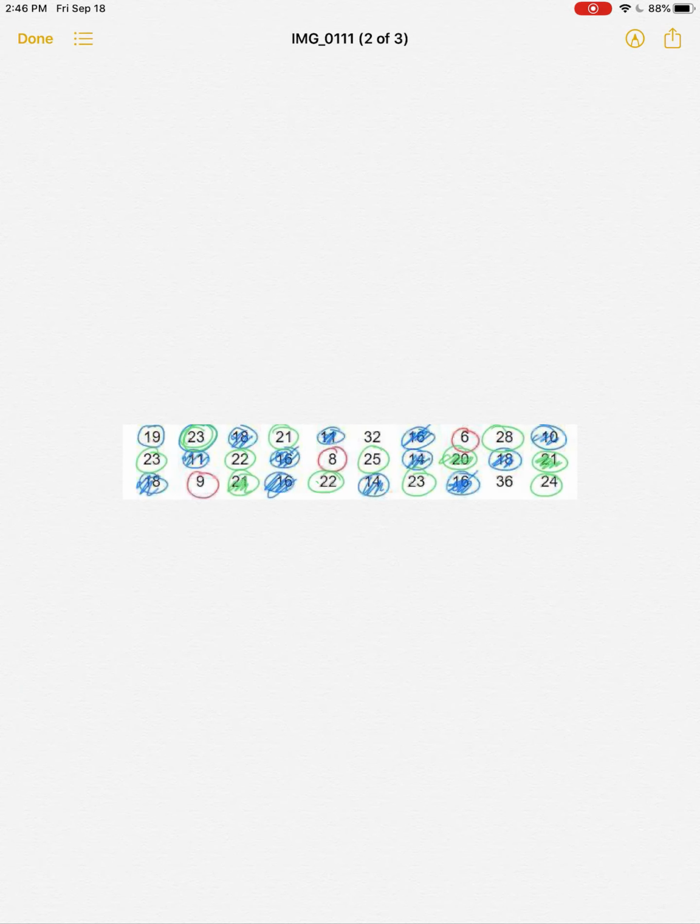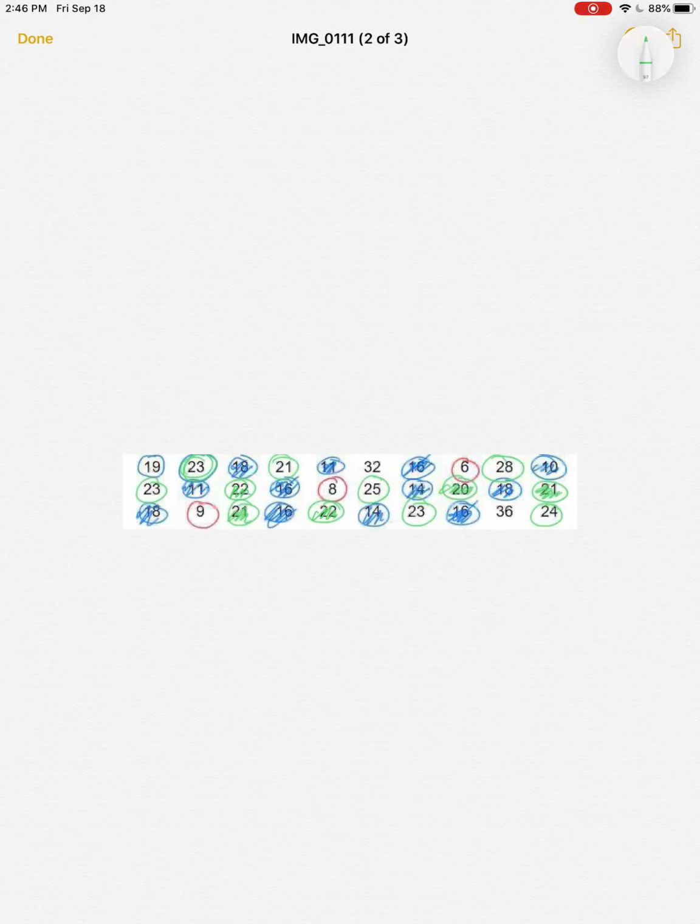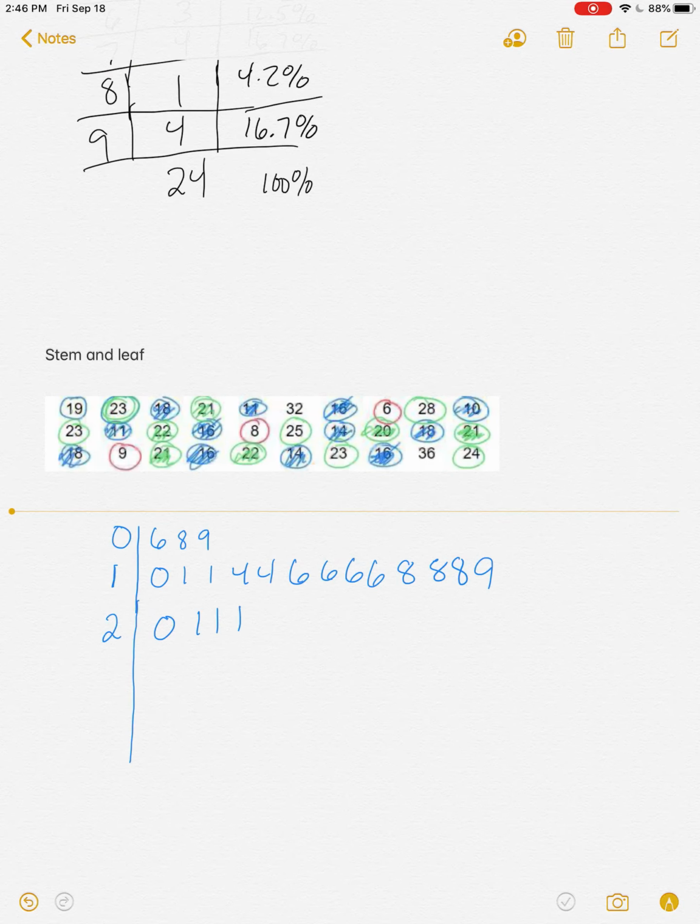And then what's next? 22. We got 1 22, 2 22s. Oh, let's just double check. I missed a 21, so we need another 1. And 1 22, another 22. That looks like it. So I need to put on my additional 1 because there is a third one. A couple 22s.